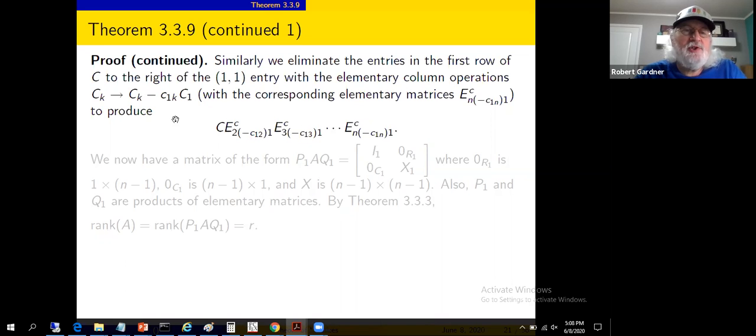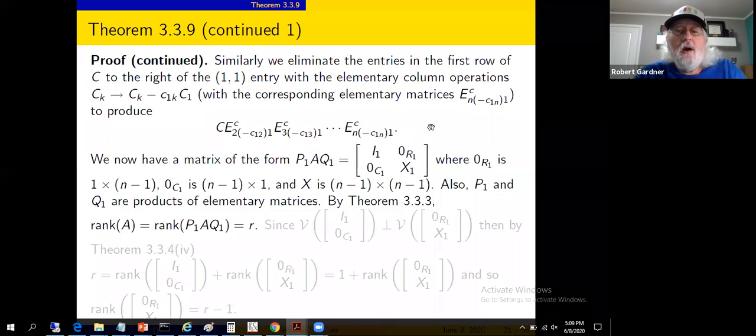Here's the elementary column operations that we're doing. It's the same thing we just did, except now for columns instead of rows. Okay, so here's where we are now. And this pasted a bunch more elementary matrices to the right of A. So we've got A surrounded to the right and the left by products of bunches of elementary matrices.